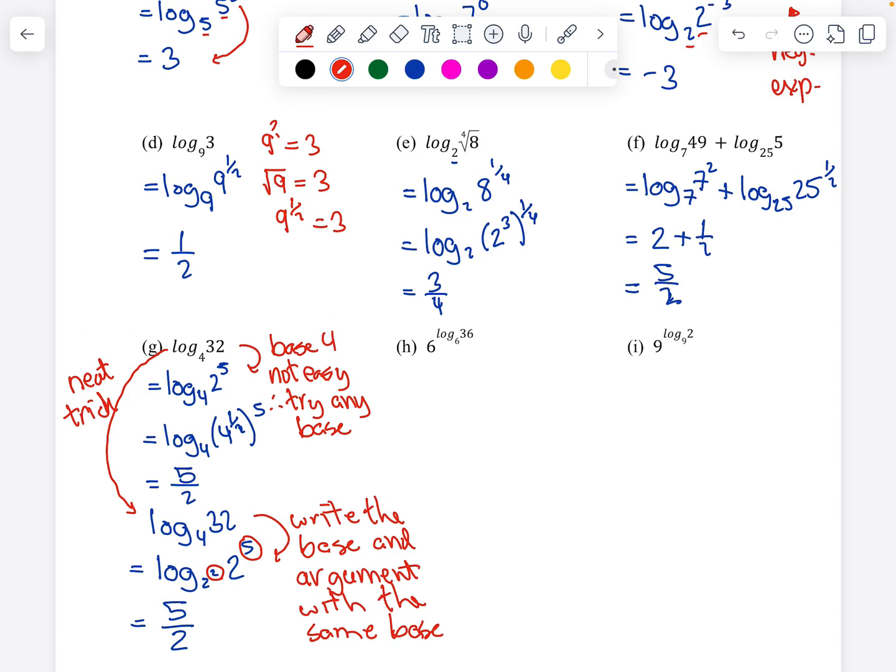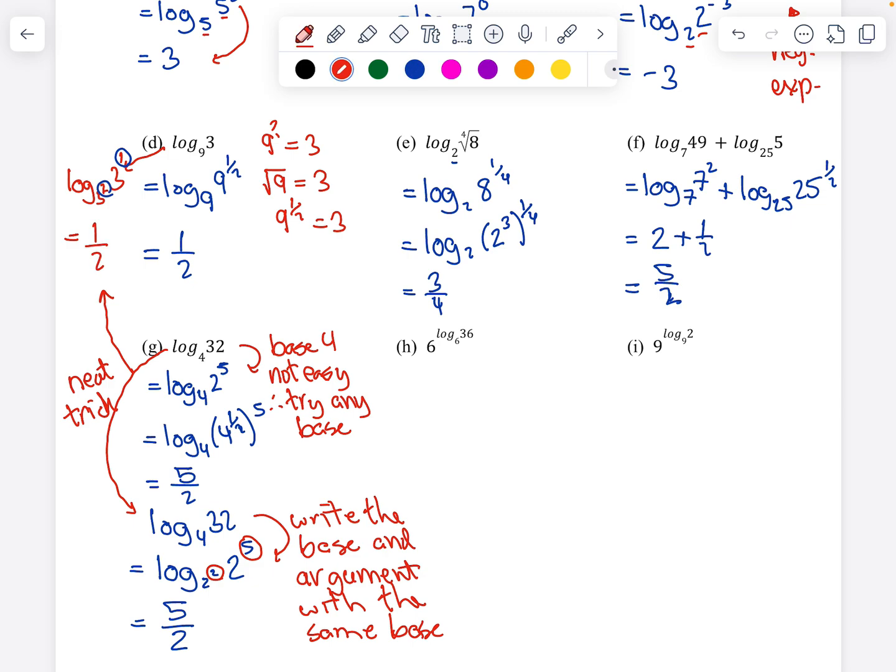Notice that that trick would also work up here as well. If we try that trick on this question here, we could have actually back here said that this was log base 3 squared, and this is 3 to the exponent 1. And if I use that same idea, we would then have the exponent here and the exponent here gives us our answer.